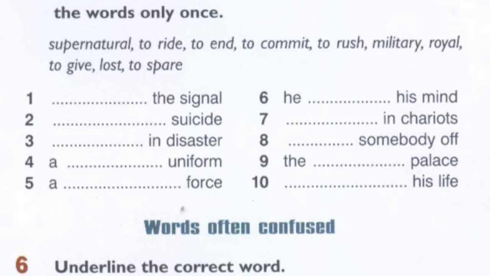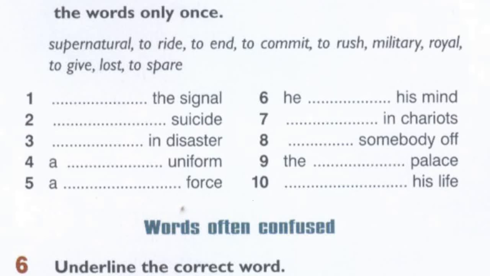Okay, the exercise is about forming expressions out of the words. Number 1, the signal. What is the correct word for signal? To give. Well done. Let's go to number 6. He lost his mind. Okay.